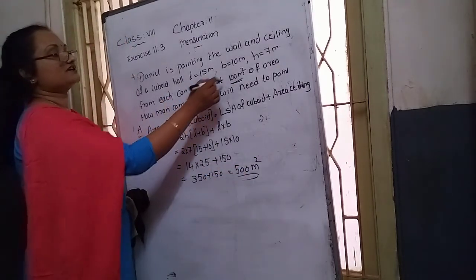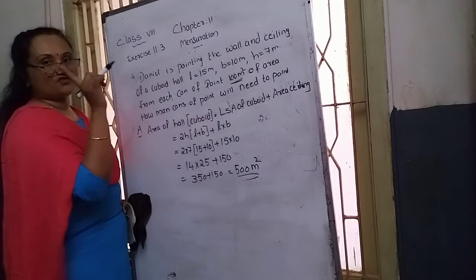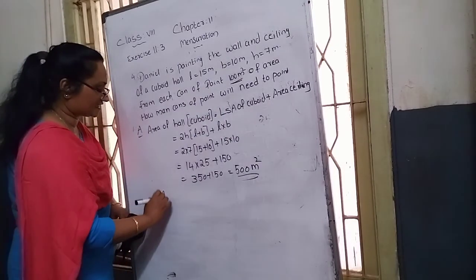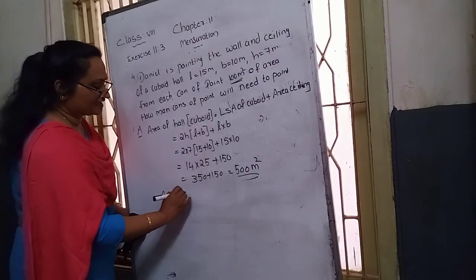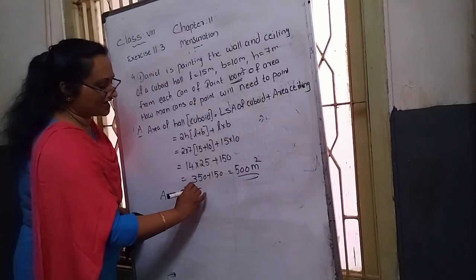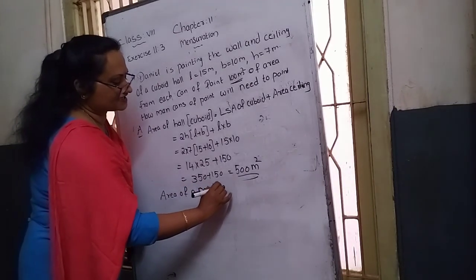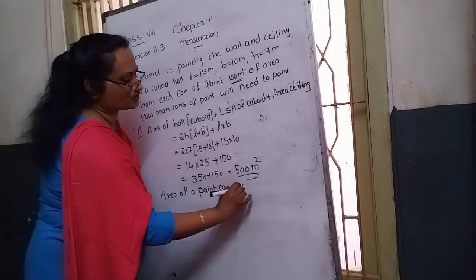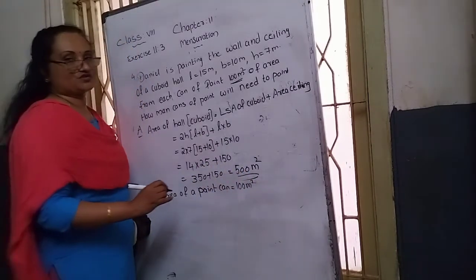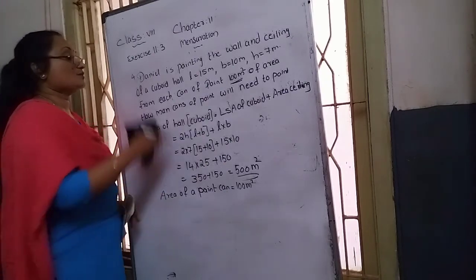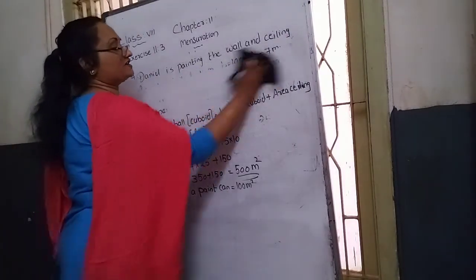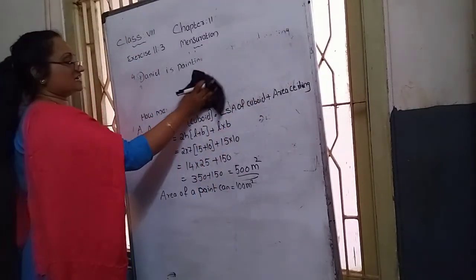Then next, what is given? Paint. The area of one paint can is given there. The area of a paint can is equal to, as given in the question, 100 meter square. So how many cans are required for painting? How do we find that answer?